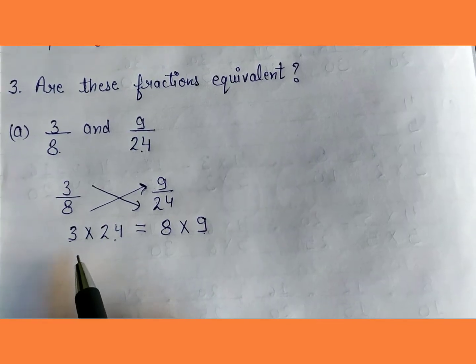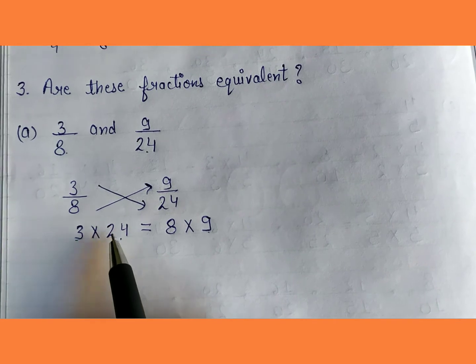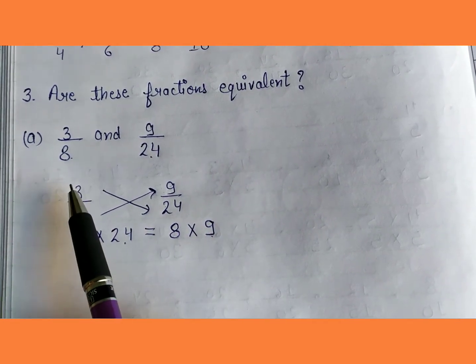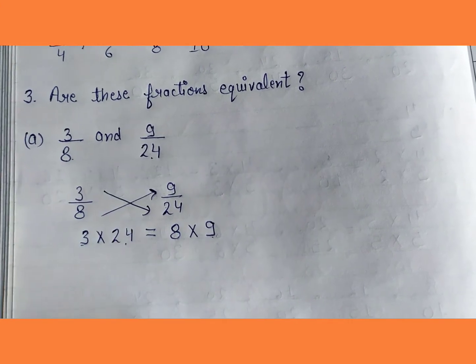Children, if the product of 3 multiply 24 is equal to 8 multiply 9, then these two fractions are equivalent.